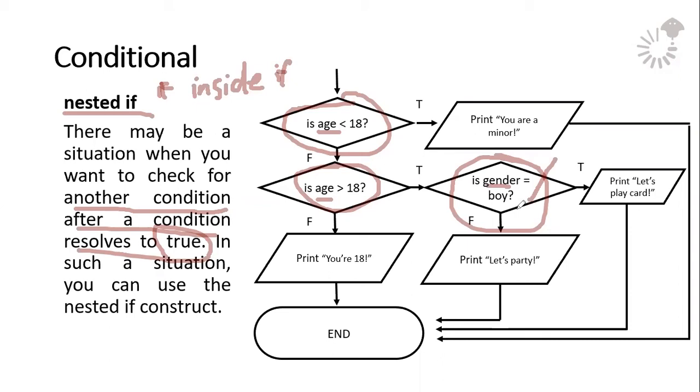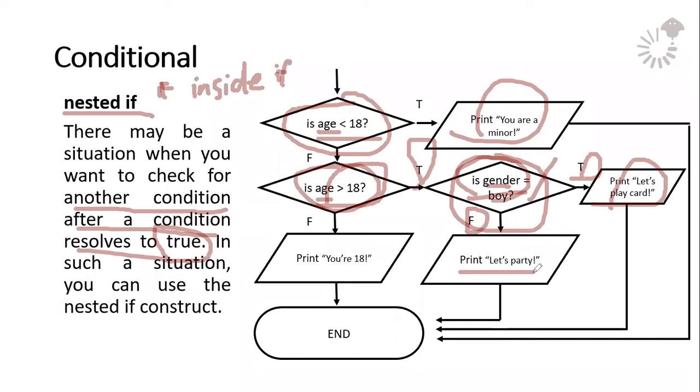What we will do here: if age is less than 18, it will print minor. If age is greater than 18, when true, it checks the gender. If boy and 18, then let's play cards. If not equal to boy, so false, it is a girl, let's party.